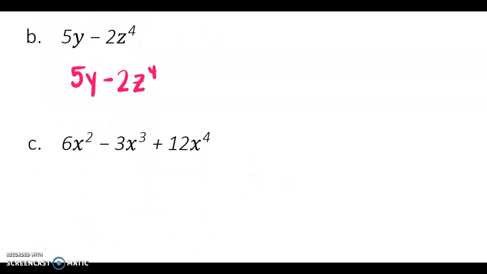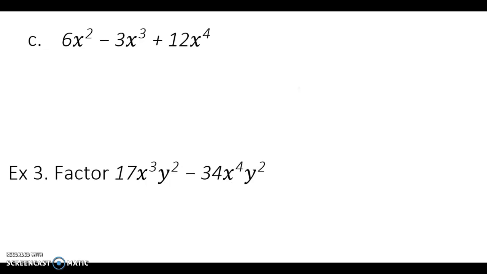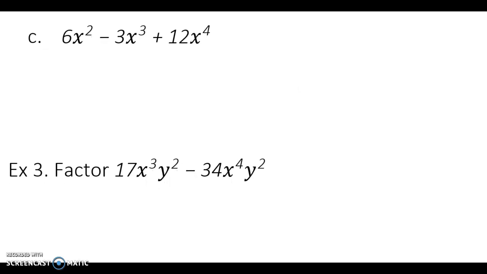All right, so next we have 6x squared minus 3x to the third plus 12x to the fourth. So let's think about the numbers first again. So 6, 3, and 12. I could divide a 3 by all those, and there's no other higher number that I could divide all 3 of them.